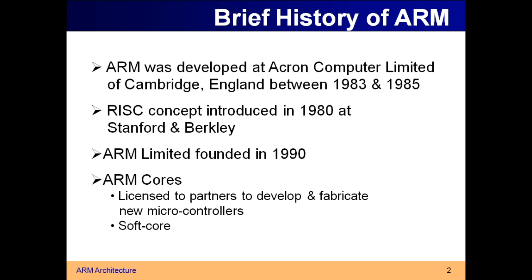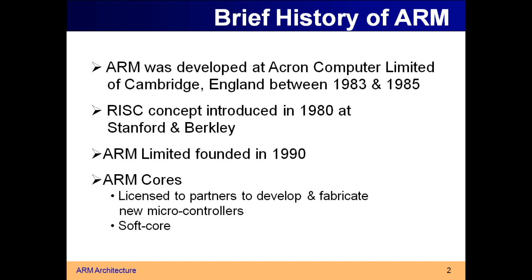Around 1990, the actual ARM company was formed, and it was given the name Advanced RISC Machines. They gave some advancements over the normal RISC machines and so gave the name Advanced RISC Machines.